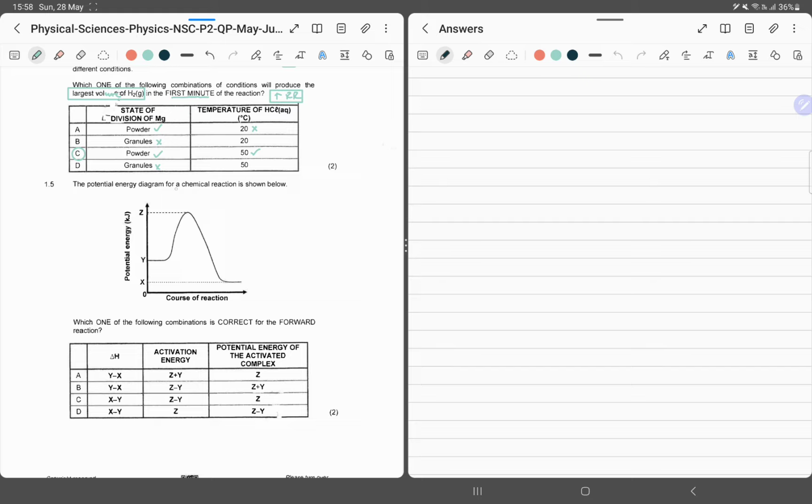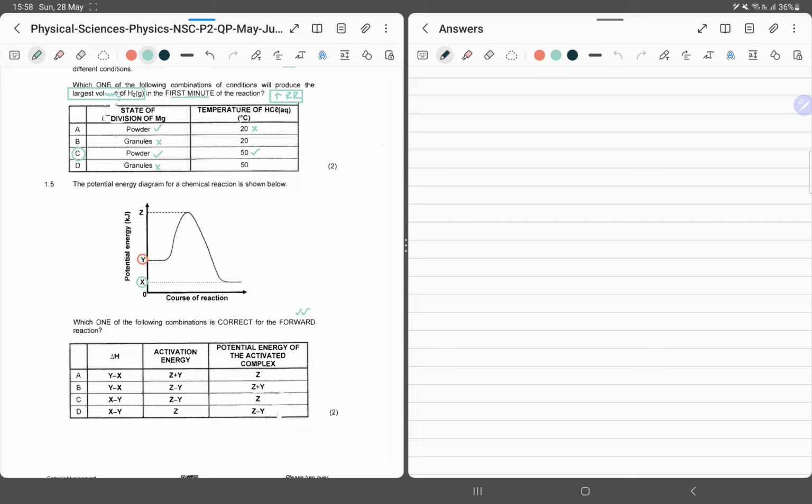The potential energy diagram for a chemical reaction is shown below. Obviously we can see by the shape that this is an exothermic reaction, where the energy of the products is lower than the energy of the reactants. Which one of the following combinations is correct for the forward reaction?